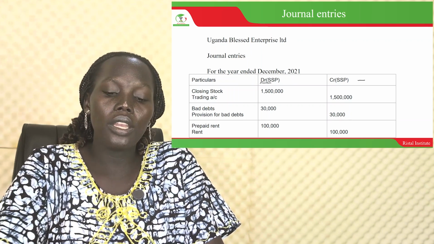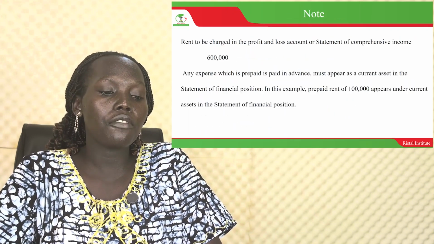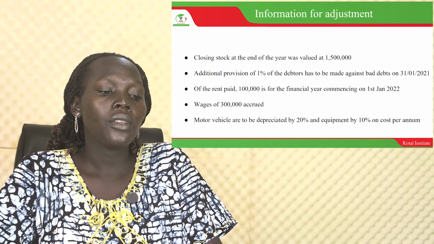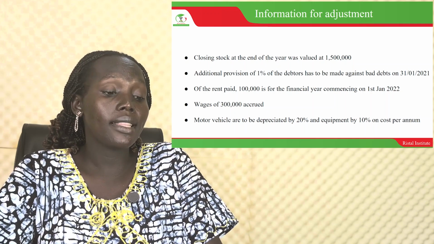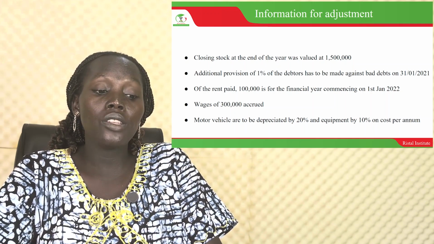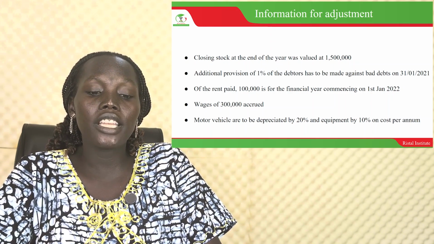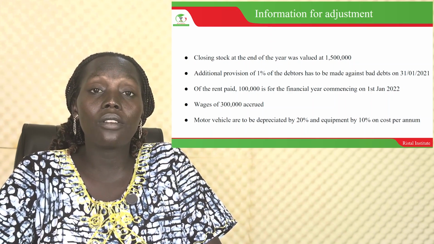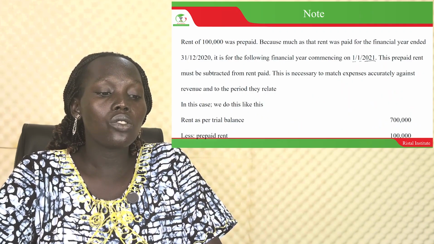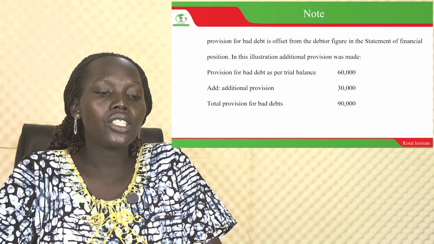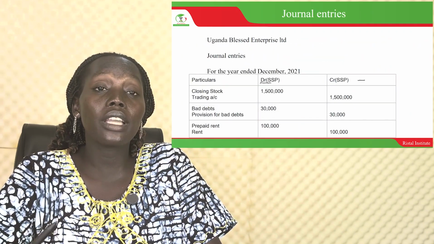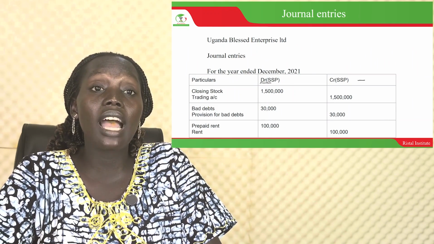And then in our additional information, they're also telling us that of the rent paid, 100,000 SSP is for the financial year commencing on 1st January 2022. What does it mean in our journal entry? It means that we have to get two accounts, prepaid rent and rent.